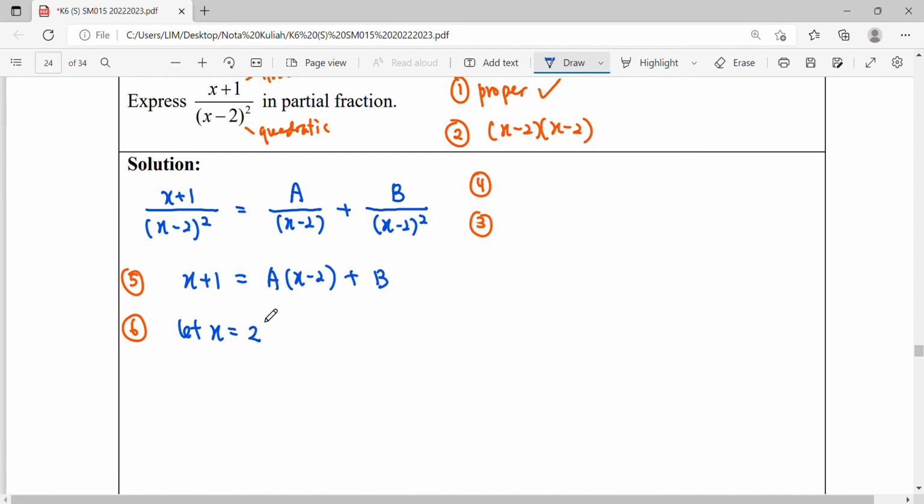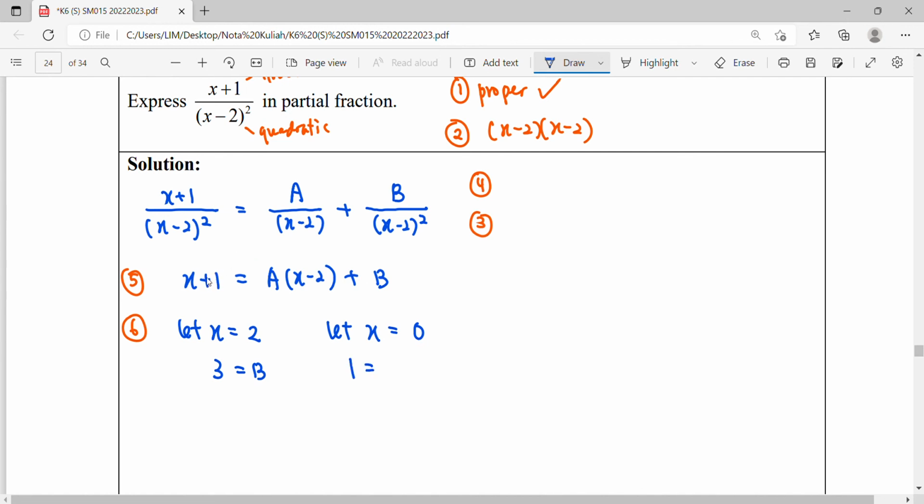When we substitute into this equation, this factor will give you 0, so you can straight away find B. Then we have to do another substitution to find A. This time we don't have any roots, so for the x value we can randomly put any value. Let's say I randomly put 0. When I substitute, the left side is 1.